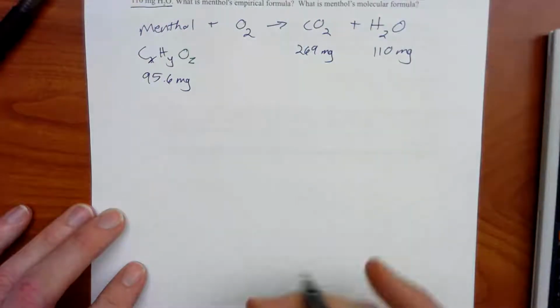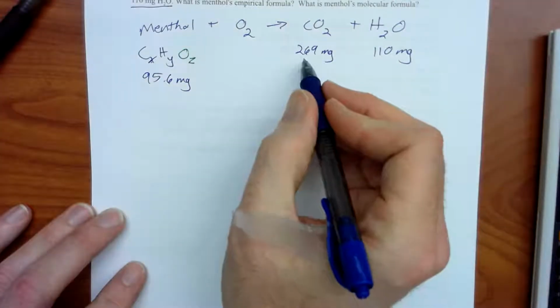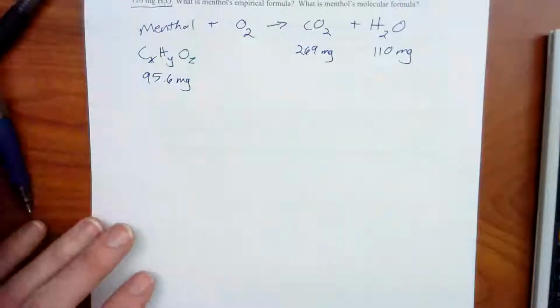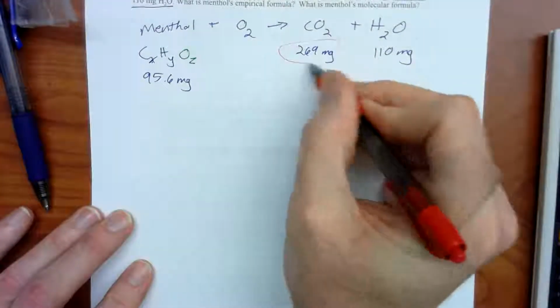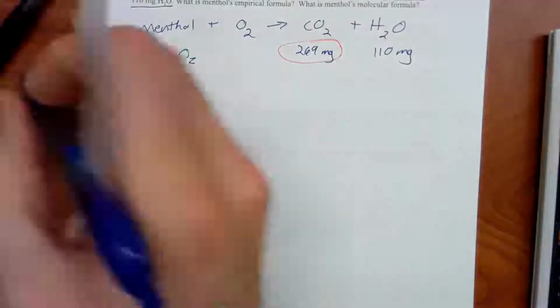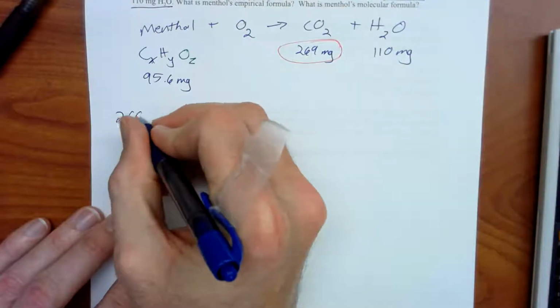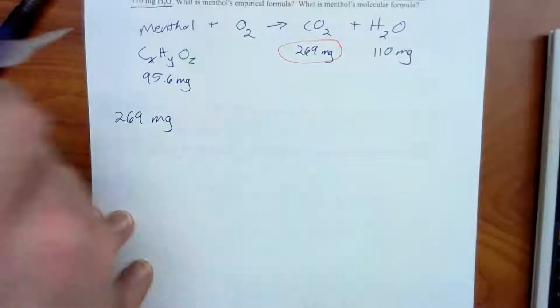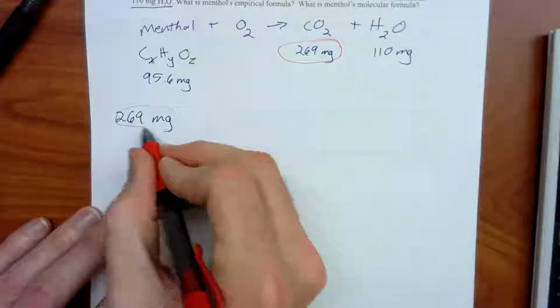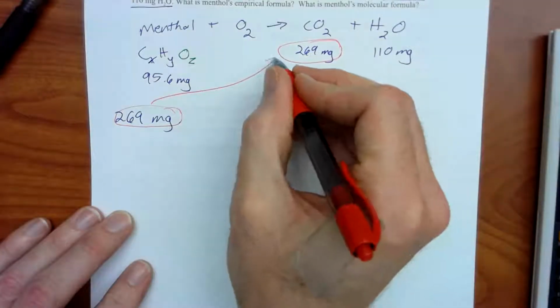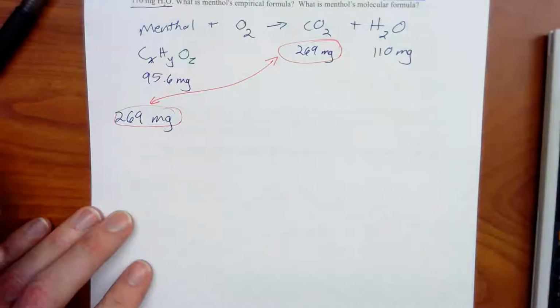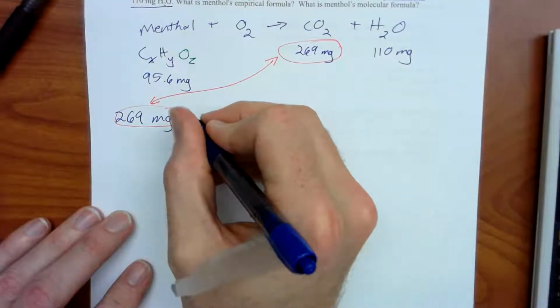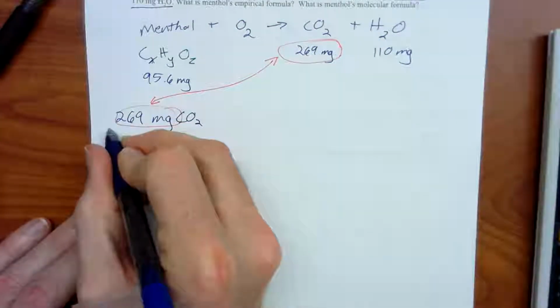We can manipulate the stoichiometry of this by starting here. So I'm going to circle this. We're going to start here with 269 milligrams, so that's where this number comes from. This is 269 milligrams of CO2.